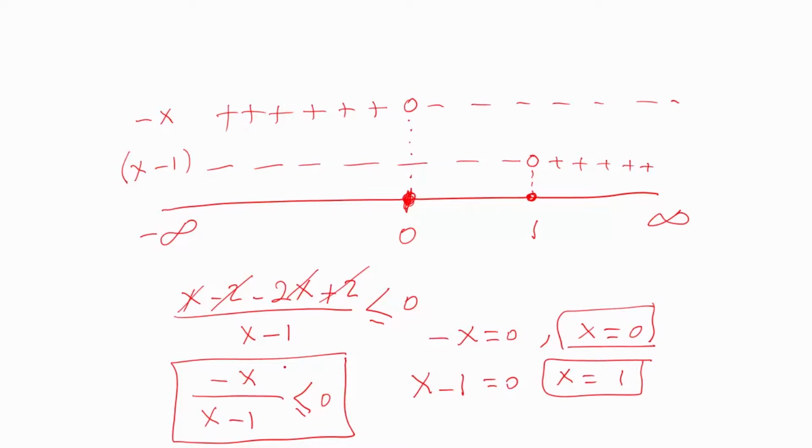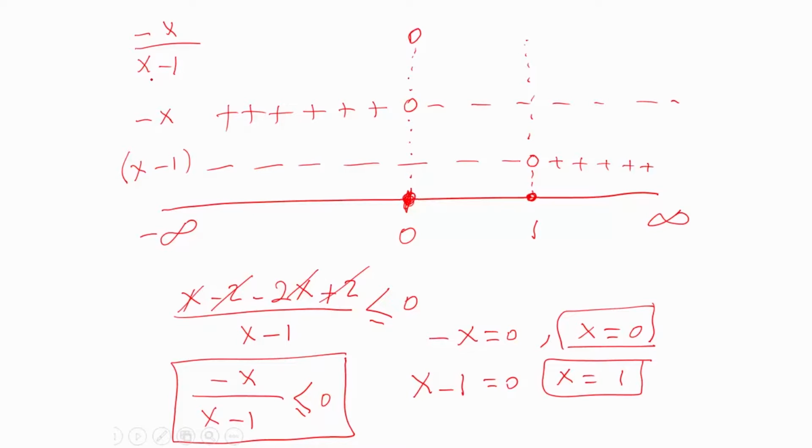Now, for this expression, -x/(x - 1), write that. When -x is 0, 0 divided by anything would be 0. So here would be 0. When x is equal to 1, what do we have? x equal to 1 would make the denominator 0. 1 minus 1 is 0. Anything divided by 0 is undefined.